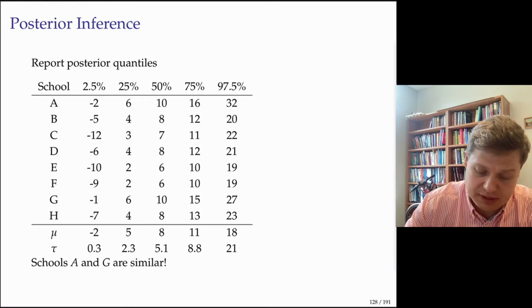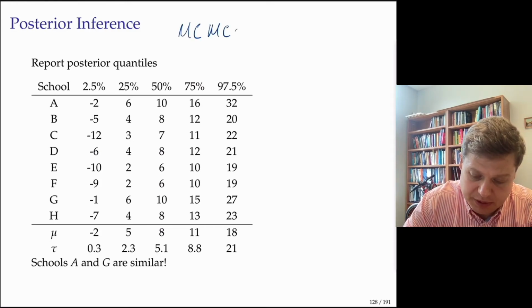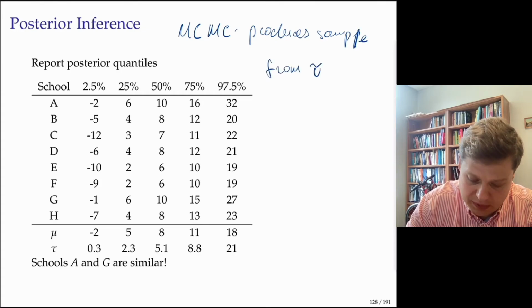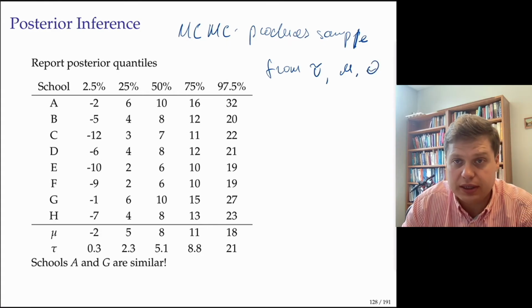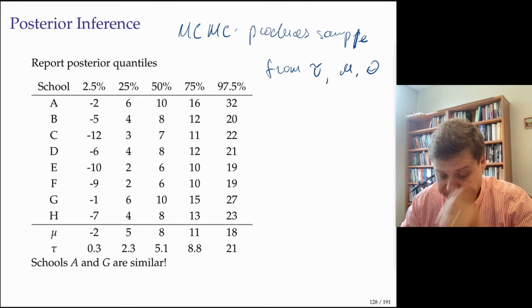So essentially, MCMC produces a sample from tau and mu, and of course, since theta depends on tau and mu, we can calculate a sample over theta.